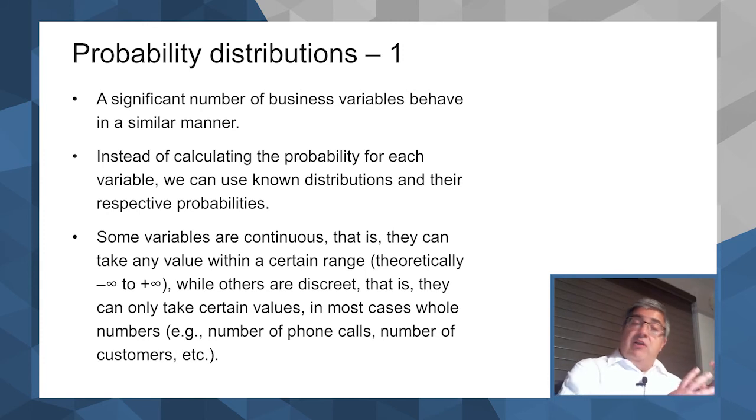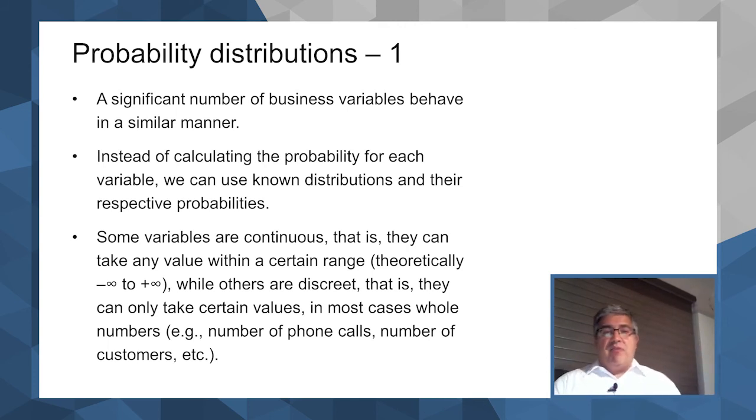Then you'll have a small number of people who are much shorter and a small number of people that are much taller, but there's a lot less. So in business, it's the same situation. Most variables behave in well-known ways. If that's the case, then we can use these probability distributions, and we don't need to keep recalculating probabilities all the time. So that's what it says in there.